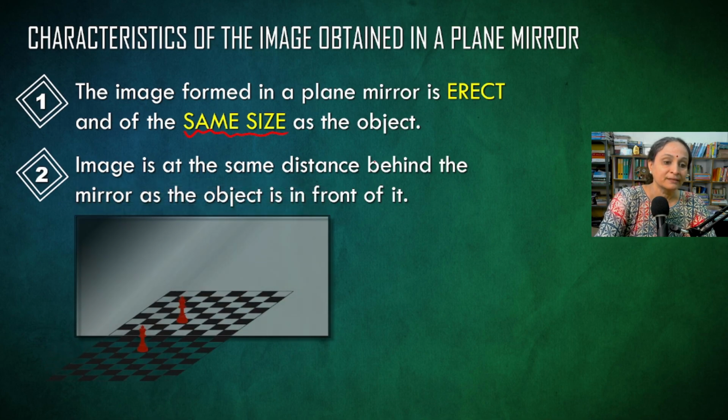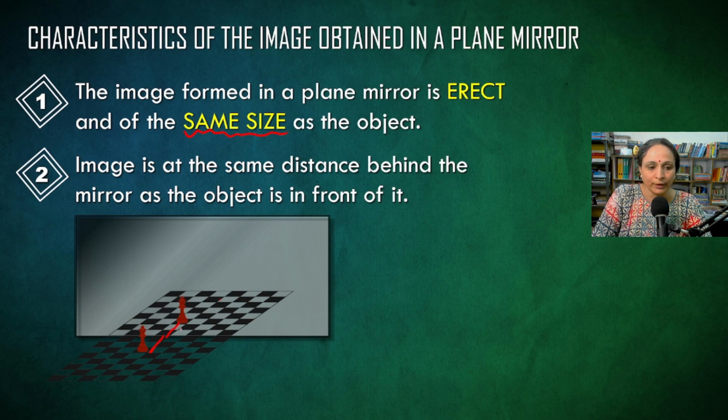What does this mean? Suppose you have a chessboard placed in front of a mirror. Now, if you place a chess king on the chessboard, you can see a reflection of this chessboard in the mirror. The distance of the object from the mirror is the same as the distance of the image from the mirror.